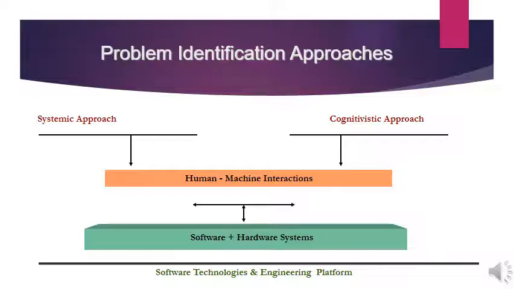The problem identification must adopt two approaches. First, the systemic approach, and the second one is the cognitive approach. After all the problems are identified, only then are the findings sent to the software or hardware system specialist to develop such a system.